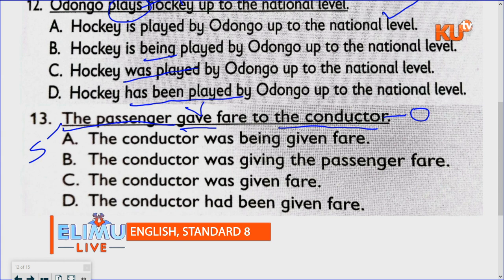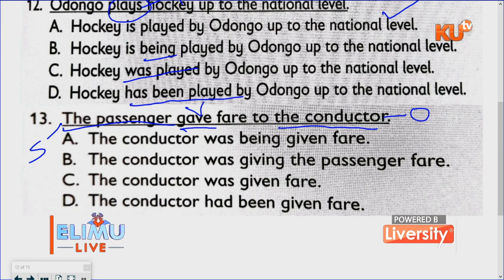B says the conductor was giving the passenger fare. It is not correct according to the sentence, because according to the sentence, it is the passenger who gave the conductor fare, not the other way round.